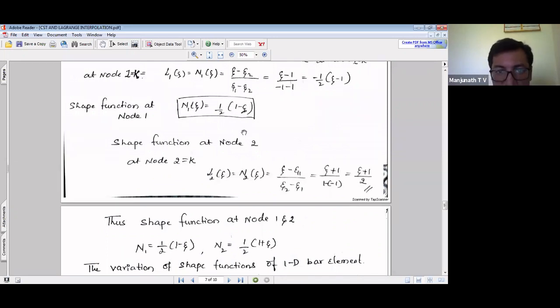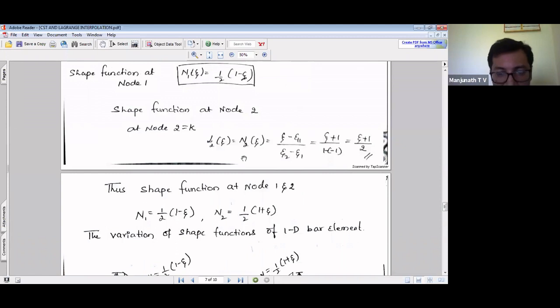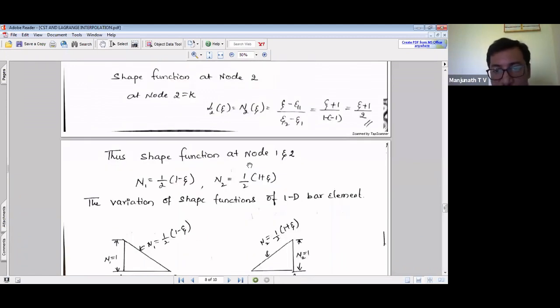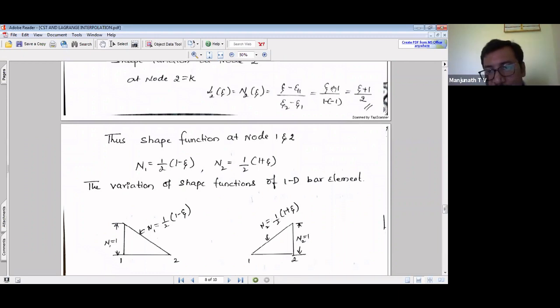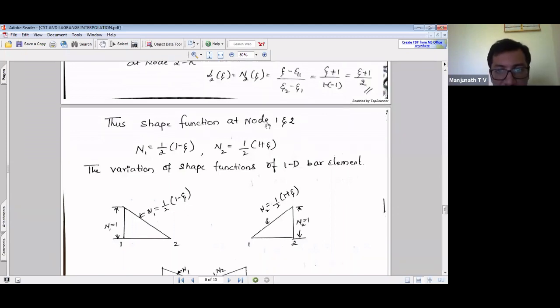Based upon the particular node where we need to calculate the shape function, that becomes the k value, and the remaining i values are based upon the number of nodes in the element. Now substitute the values again. Zeta 1 is -1, and the minus becomes +1. So we get zeta plus 1 divided by 2. This gives the shape function for node number 2.